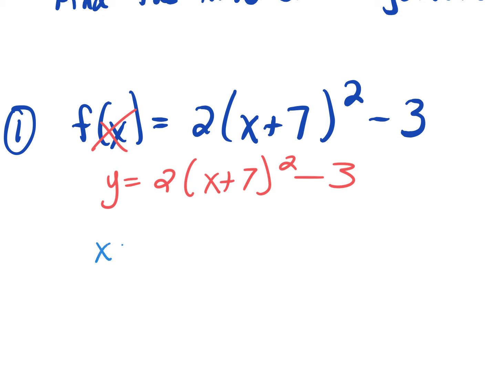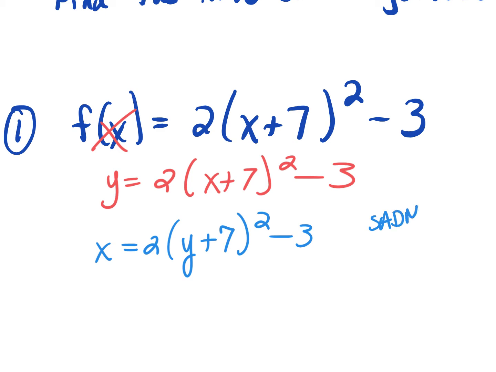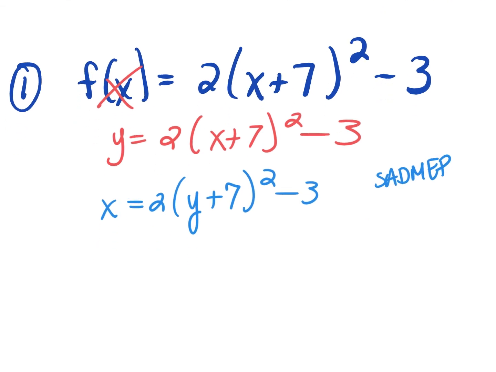You absolutely have to do this step, guys, because if you don't, you're not going to find the inverse. You have to switch the spots of x and y because you're switching to find the inverse.